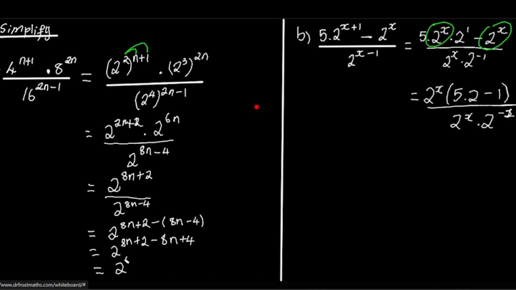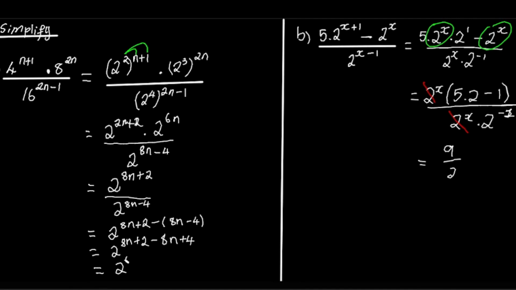So in this case, this 2 raised to the power of x is going to cancel this 2 to the power of x. And then we are going to be left with 5 multiplied by 2 is 10, minus by 1 it's 9.